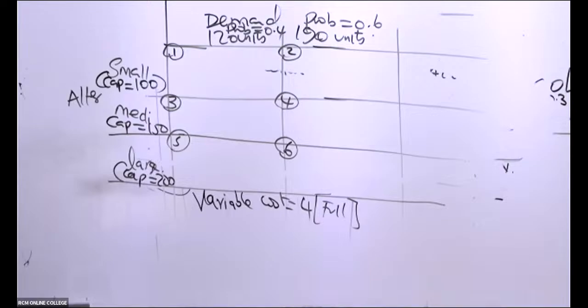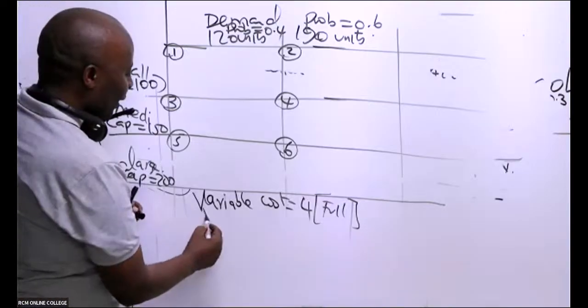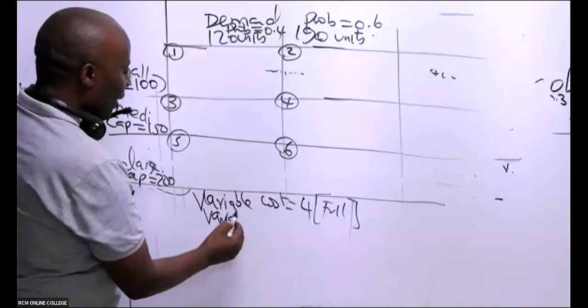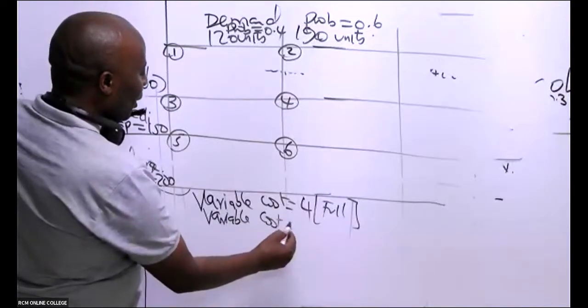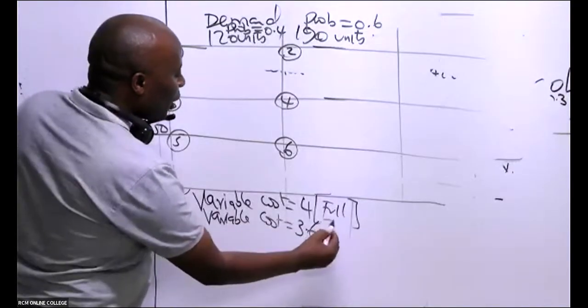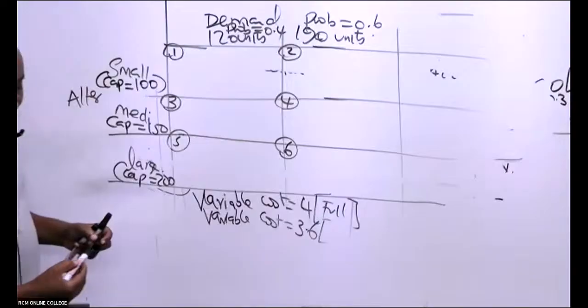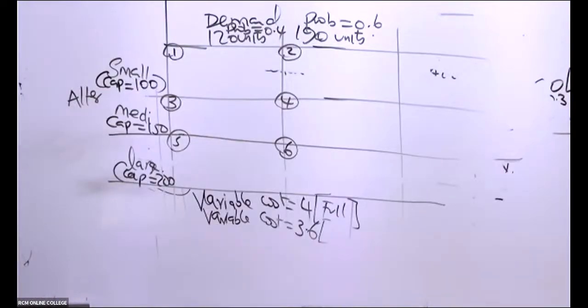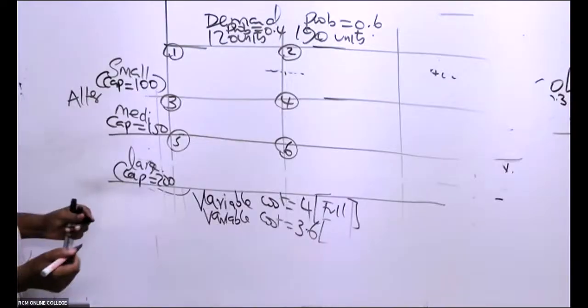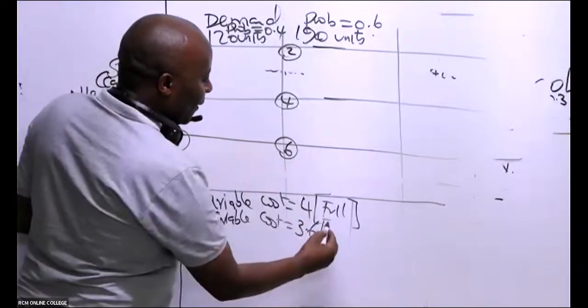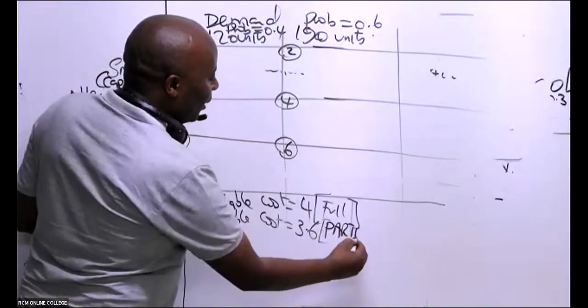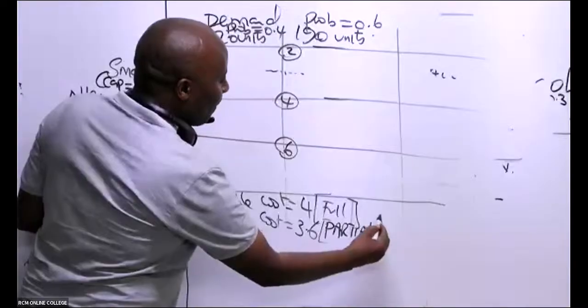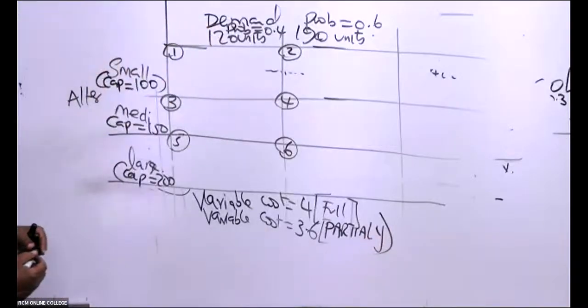And then we have another variable cost. There are 2 of them. There is a variable cost you will see if you look carefully. Yeah, 3 point what here, somebody? 3.6, if in this case this van moves down partially empty.